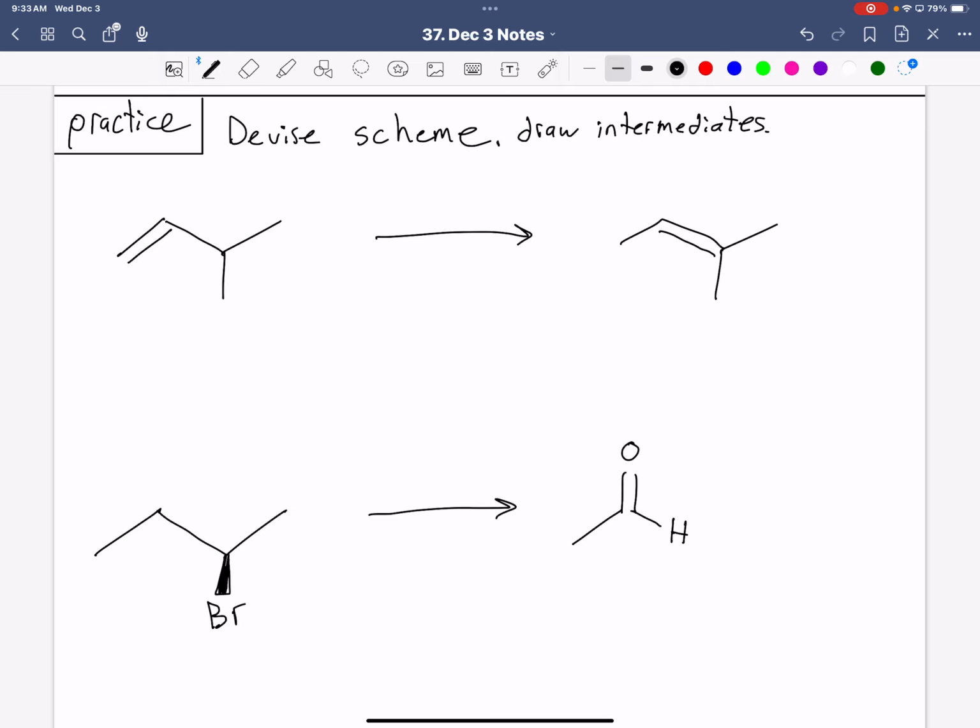Right? So which ones are strong bases, weak nucleophiles? Wait, no. Strong base, weak nucleophile. Are the big ones? Yeah. So we'd probably get the E2 product as well. Or the SN2.